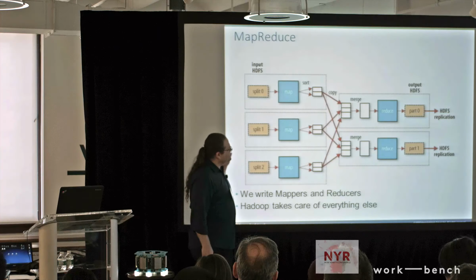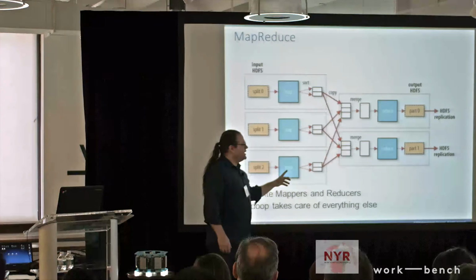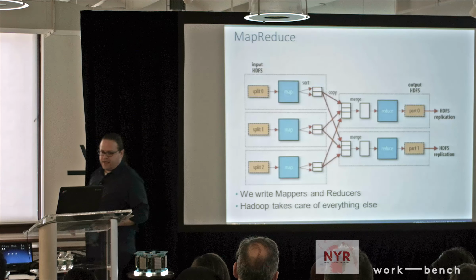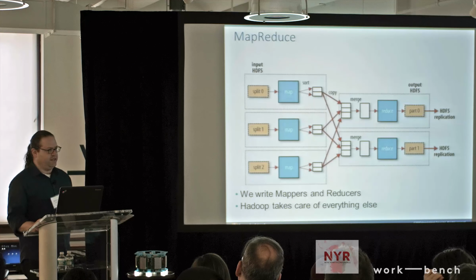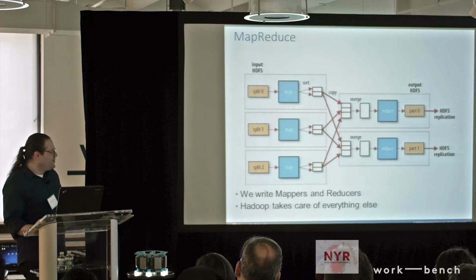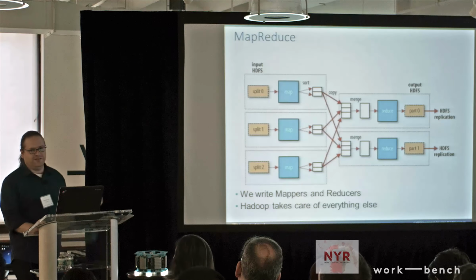So Hadoop basically takes care of everything. All you have to do is write the blue parts, the mappers and the reducers. Everything else is complicated, but you don't have to care about it because Hadoop does it.